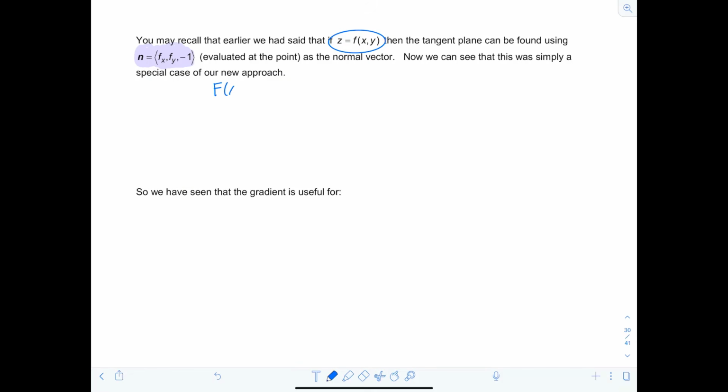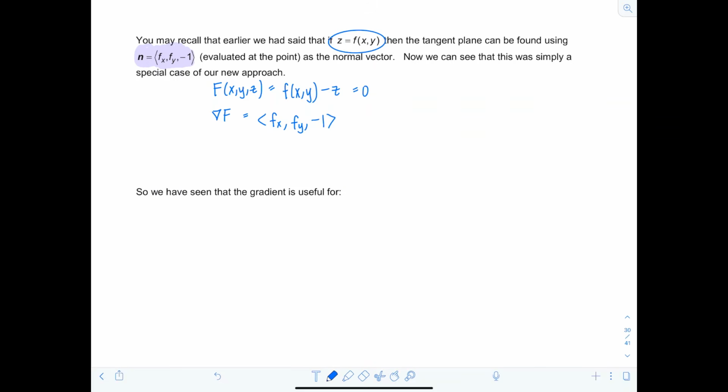I'll call it capital F of x, y, z. And remember, it needs to equal a constant. So I could write f of x, y minus z is equal to 0. And now if I take the gradient of F, I would have the partial with respect to x, partial with respect to y, and -1, which is my normal vector. So we were just dealing with a special case before.